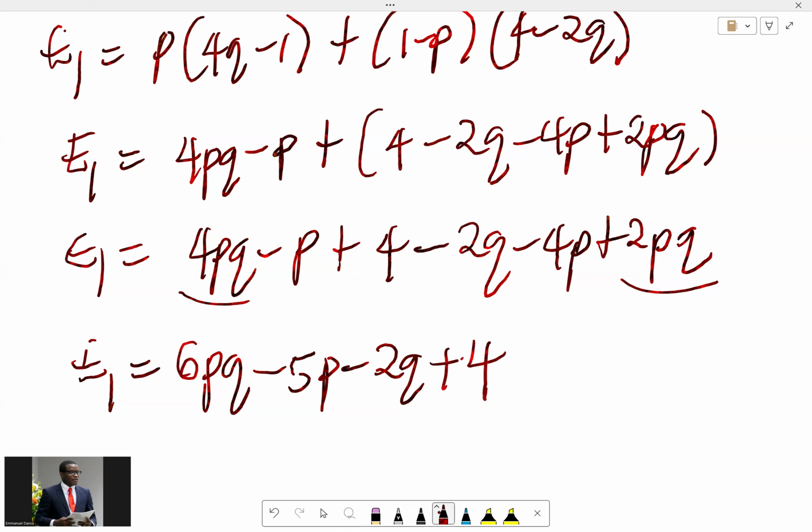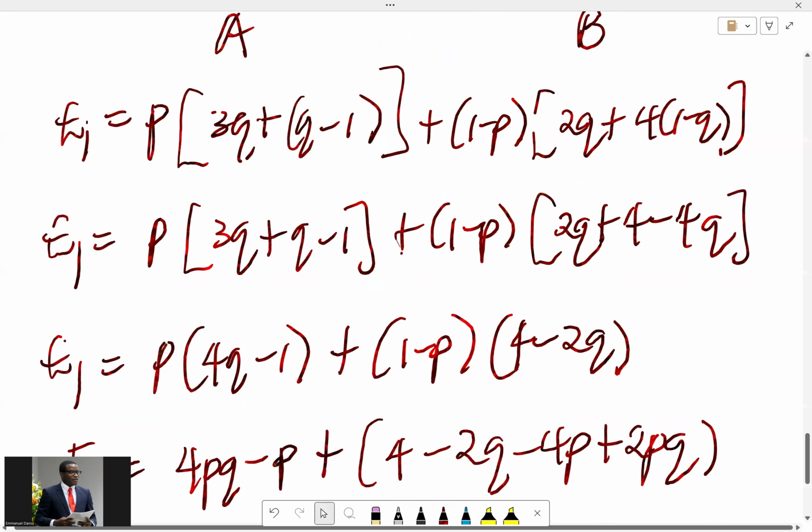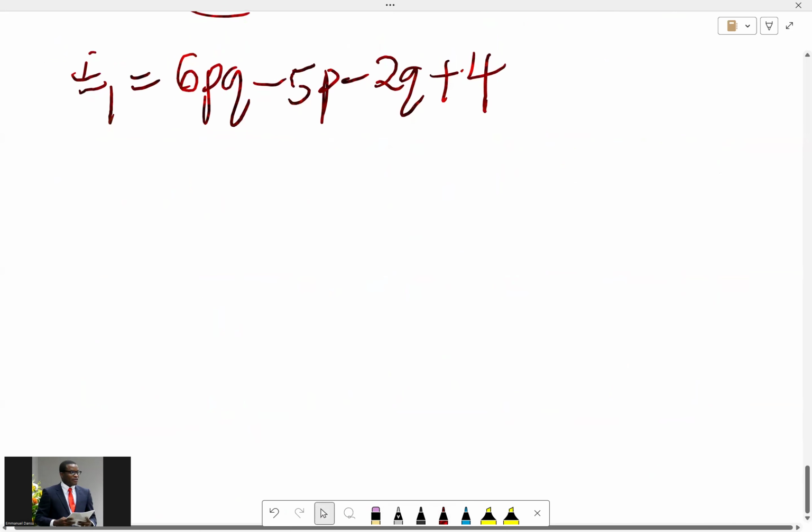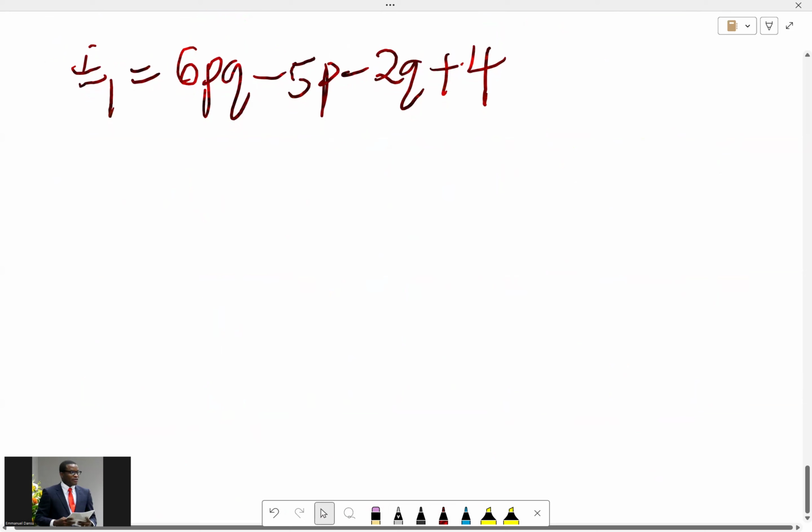So this is the expected payoff for player 1. Now we can set up the Lagrangian to be able to solve and get all the results we need. So how do we do that now?